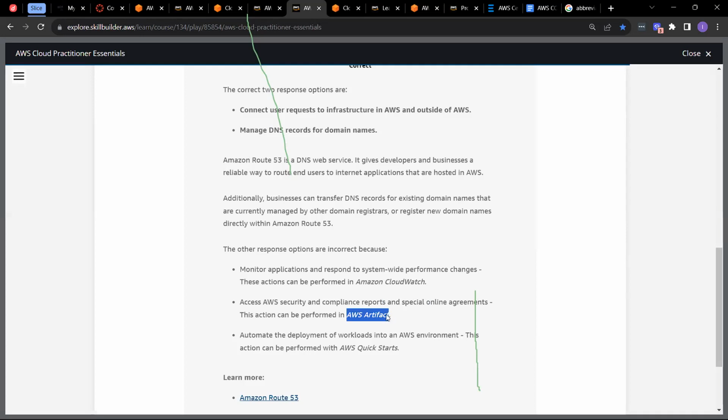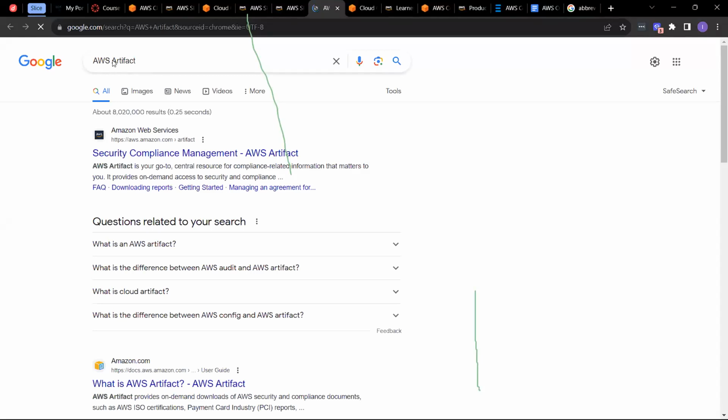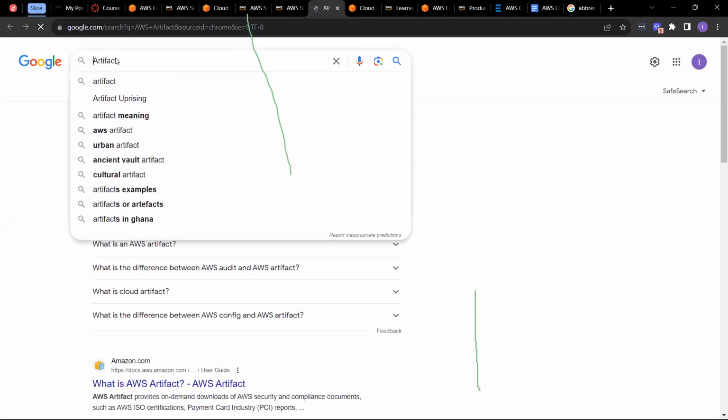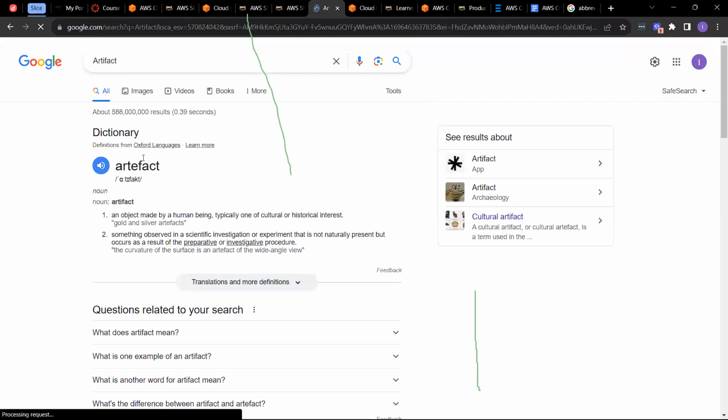It has artistic, it has that meaning. Product. It does. No, just artifact. The word artifact. Because people use it for artifact. Have you seen be a piece of art or something? Yeah, guys, how that is the meaning of artifact? Let me see. How the meaning of artifact? By a human being, something observed in a scientific investigation. Who they name these services? I bet check for another minute. Daniel, you don't know who they name the services.